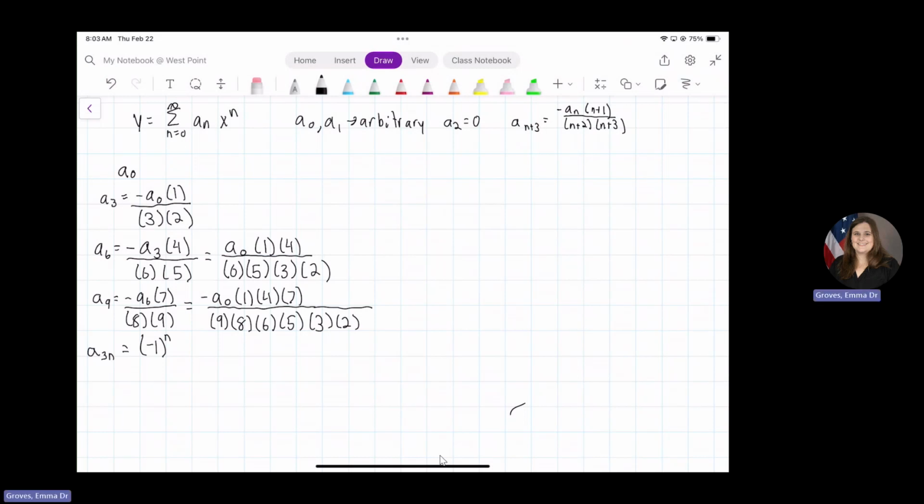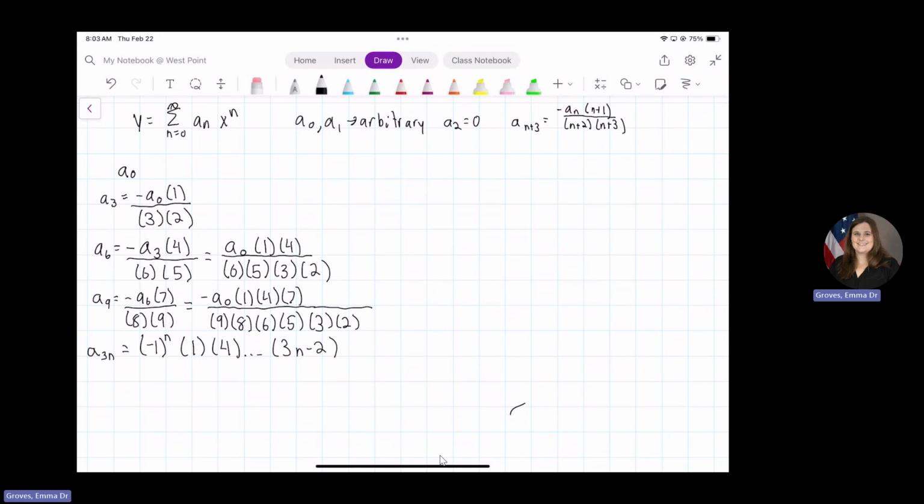And then what am I multiplying in the numerator? I'm multiplying 1, 4, 7. So the way I can write this generally is up to my multiple of 3 minus 2. I forgot some things. Sorry, it's 1 times 4, and then all the way up to my multiple of 3 minus 2.